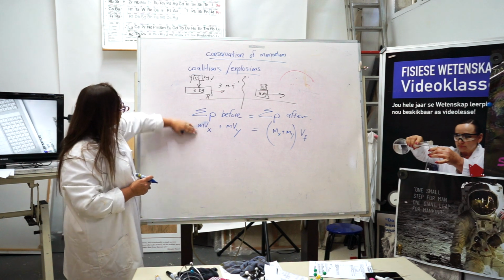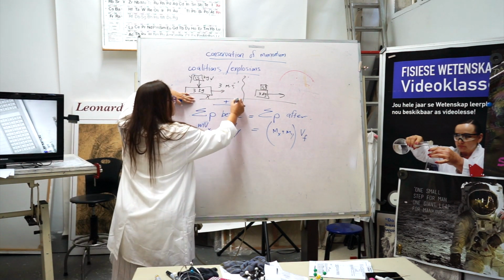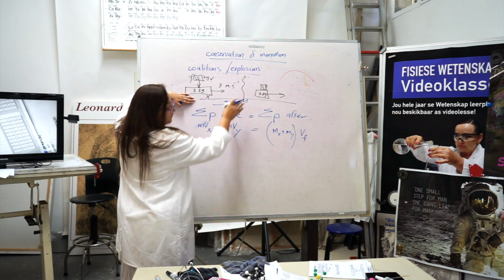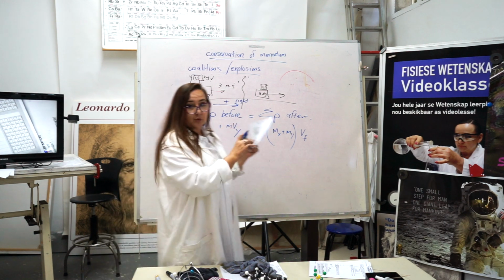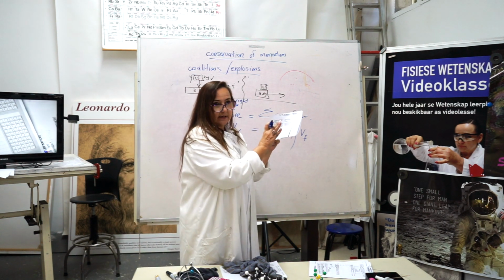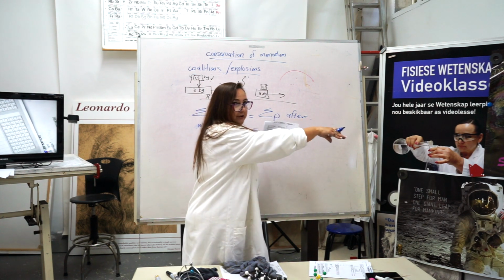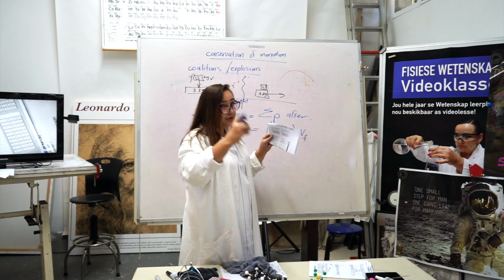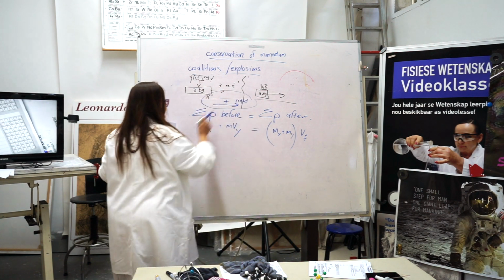Now what do we choose? Let's say right again. If they give you any drawing on the exam paper and it shows it's going to the right, then you can say right is my positive direction.